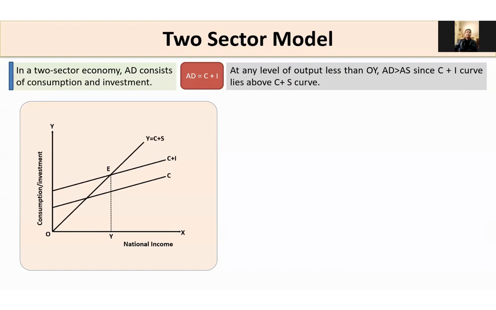At any level of output less than OY, aggregate demand is greater than aggregate supply, since the C plus I curve lies above the C plus S curve.